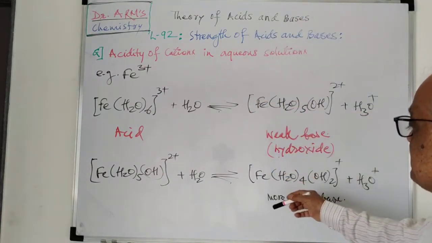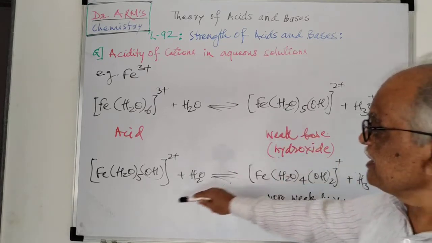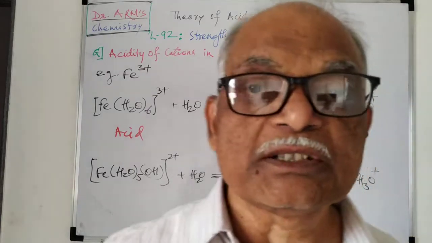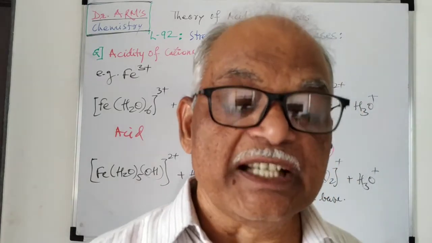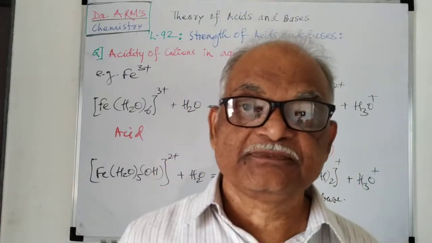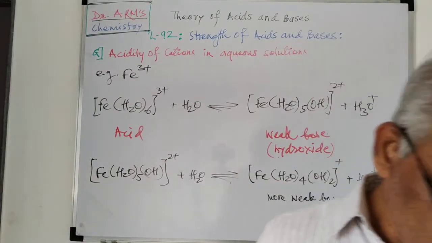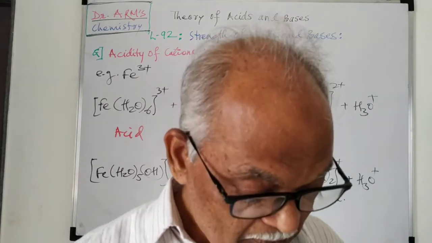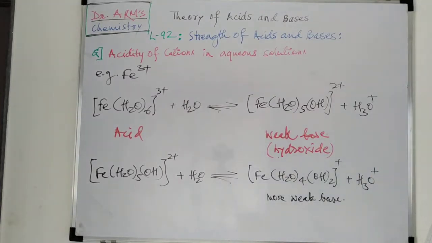So here we find that the acid is converted into a weak base, and again this weak acid is further converted into a still weaker base. Then if the solution is less acidic or more basic, this compound also gives us the hydroxide or the oxide form. So this reaction is observed here.